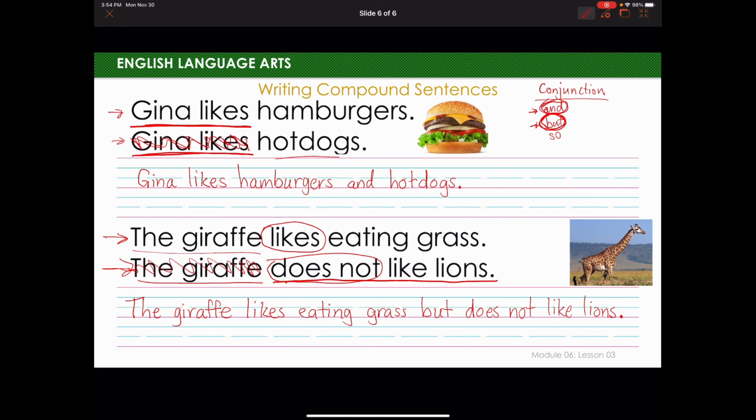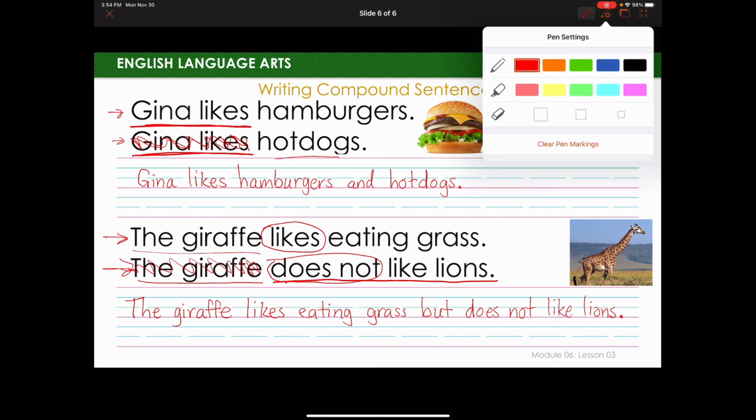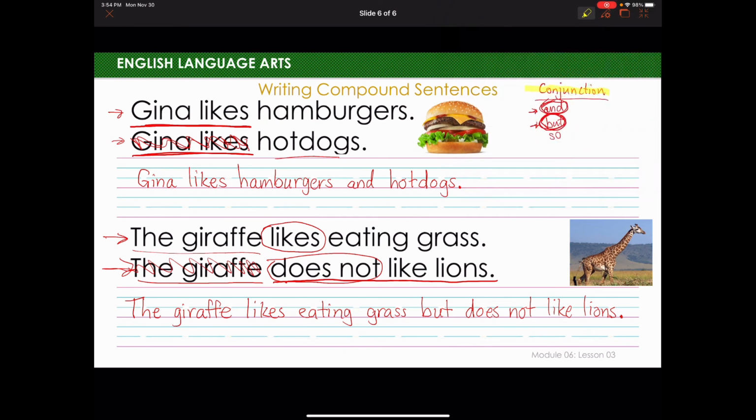And that is another way that you can combine sentences using what's called a conjunction. A compound sentence is taking two sentences and combining them together to make one sentence.